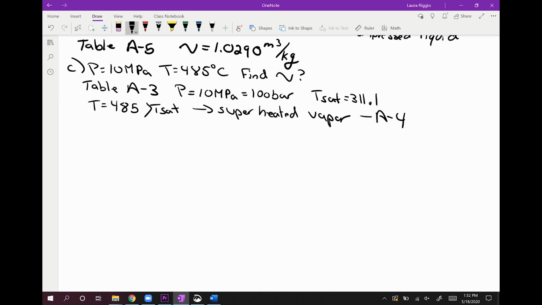So I'm going to go to table A4. If I go to table A4, I'm going to find that sadly 485 degrees Celsius is not listed in the table. So I'm going to have to interpolate.